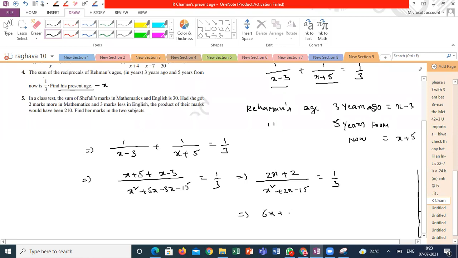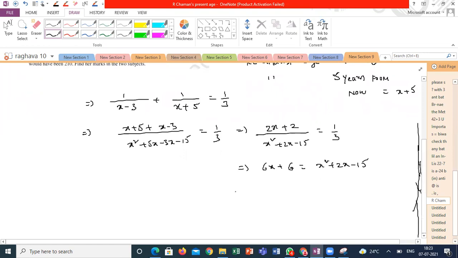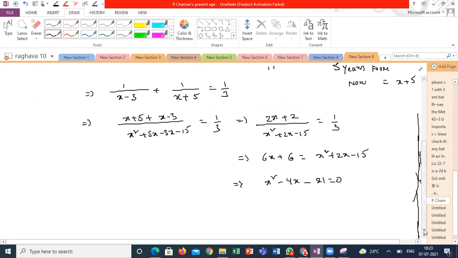So 6x plus 6 is equal to x square plus 2x minus 15. Is it the same standard equation you got? x square minus 4x minus 21 is equal to 0. Is it the same equation you got, guys?